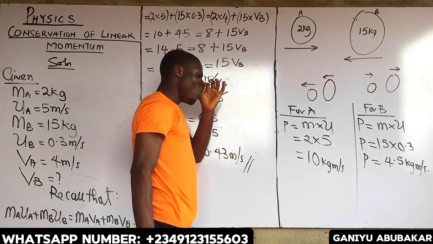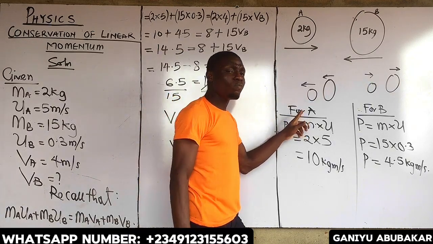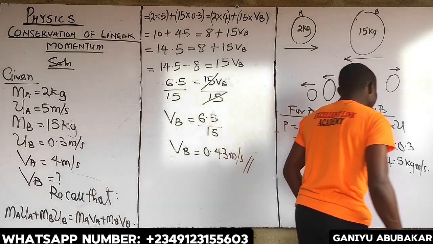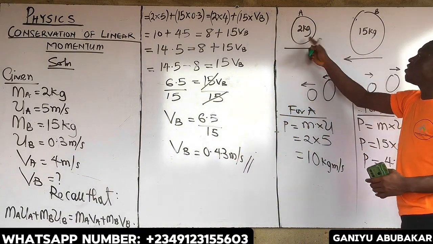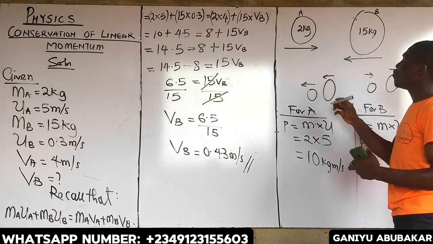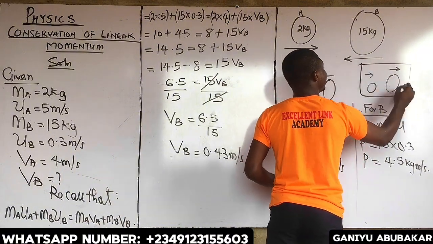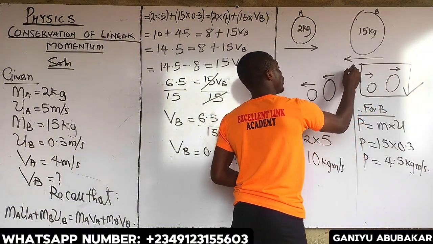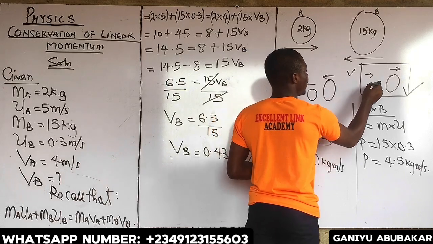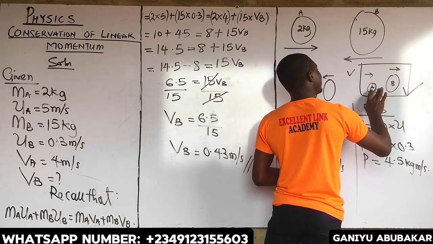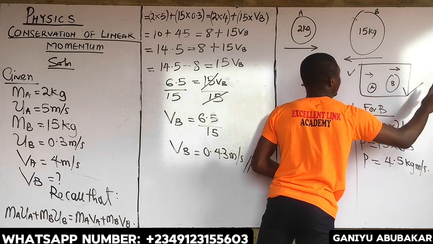Observe that for body A the momentum is bigger, and for body B the momentum is smaller. So it means that if these two bodies hit, they are going to move in this direction. This is the correct one. Body A will hit body B, and hence they move in this direction. Why?